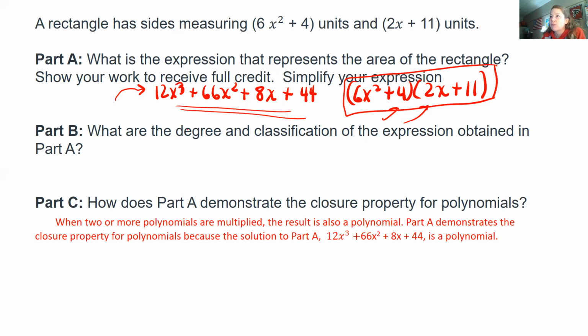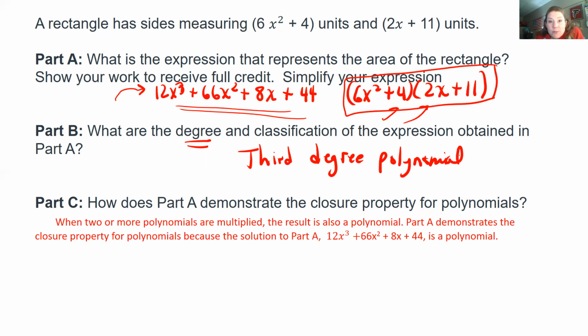We just call it a polynomial. And by the degree, what's the biggest exponent? So this would be a 3rd degree polynomial. If it had 3 terms, we call it a trinomial. 2 terms is a binomial, and so on and so forth.